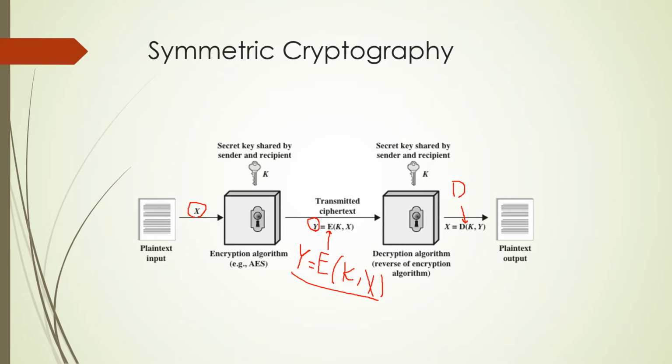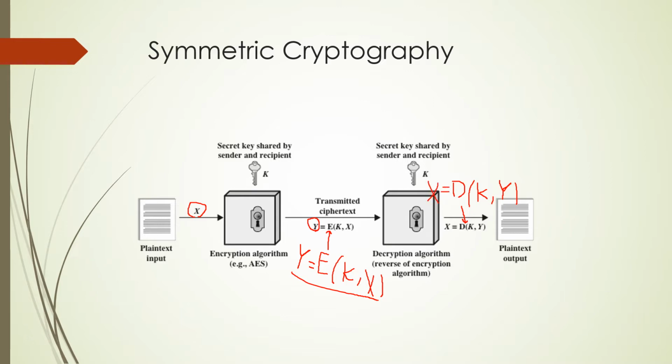It is applied on two values. One is the same key that we used in the encryption process, K, and the other one is the ciphertext, which is the value that the receiver receives, and this is going to return X.